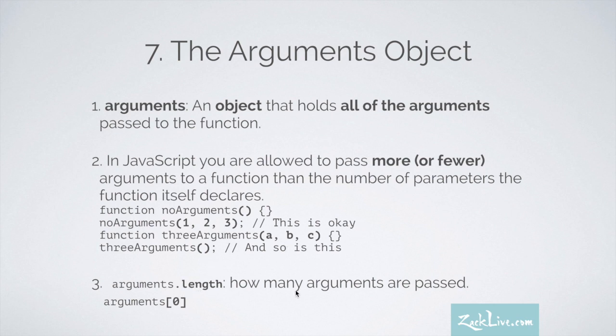And if you want to find out how many arguments are exactly passed, you can use the length property, just like in arrays or strings. If you want to access an individual argument, you can use square brackets just like in an array.